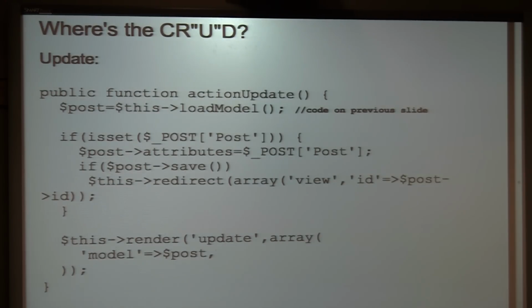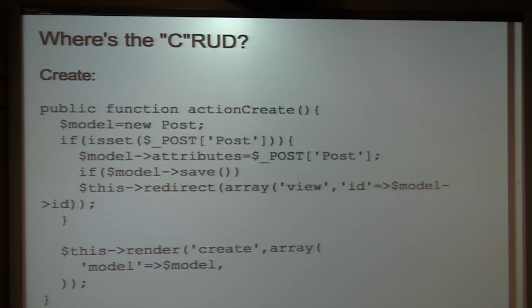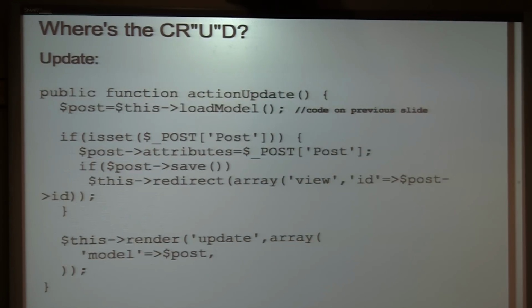And then it's going to look again for if you posted back something for the update. If so, it's really the same code, sorry, two slides back, and renders the update. And there's nothing new here that I can think of.